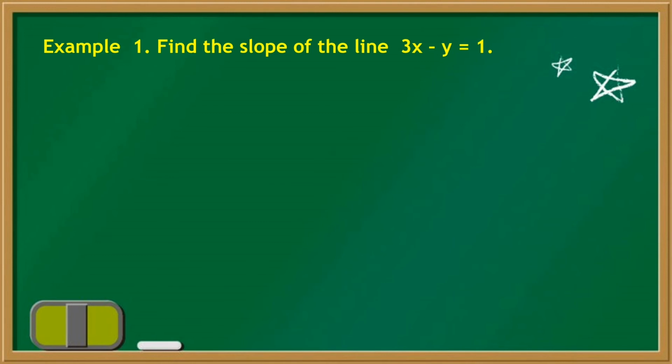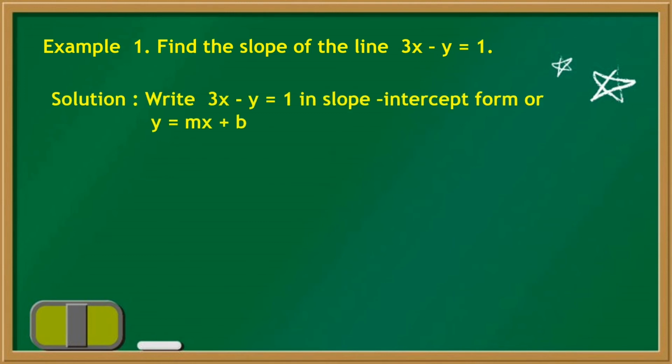Example number 1. Find the slope of the line 3x minus y equals 1. We're going to write 3x minus y equals 1 in slope-intercept form, or y equals mx plus b. 3x minus y equals 1. By subtraction property of equality, the equation becomes negative y equals negative 3x plus 1.